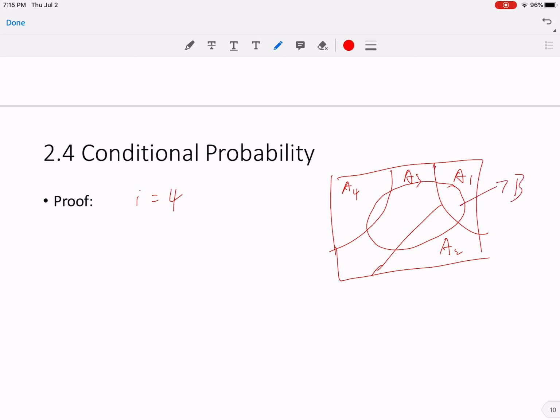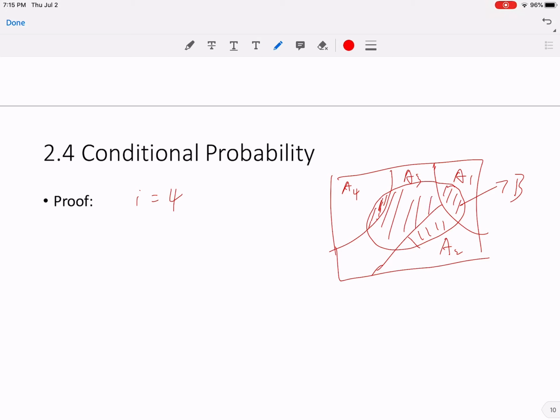Then I will say that B would be equal to the union of these parts. This part here is going to be the intersection of B and A4. And this part over here is the intersection of B and A2, and this part is the intersection of B and A1, and this part in the middle would be the intersection of B and A3.